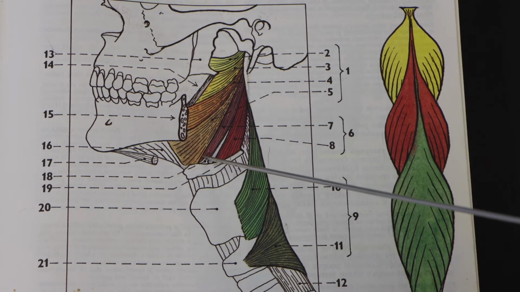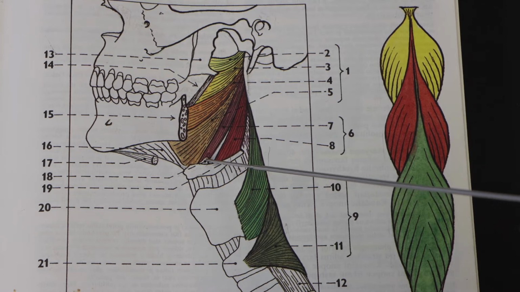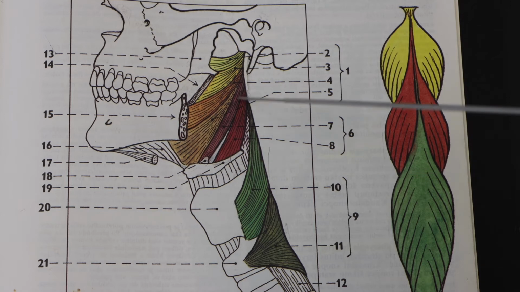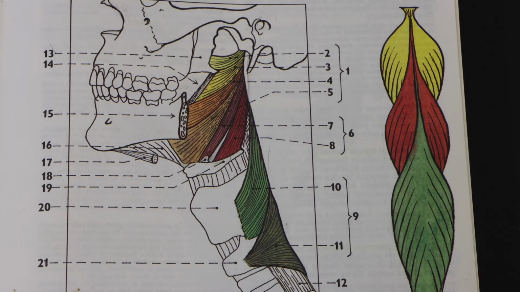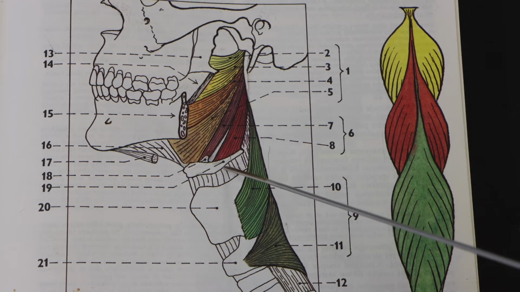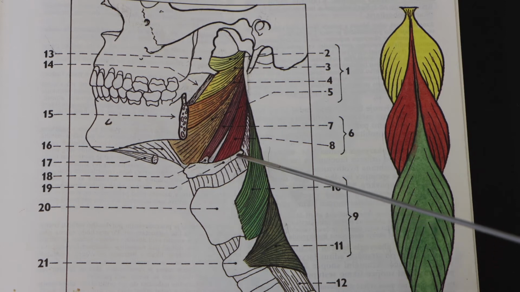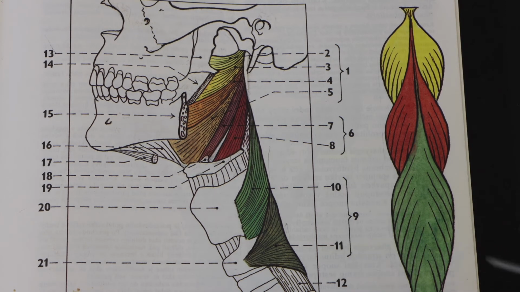And this part, arising from the lesser horn of the hyoid bone and inserted to the pharyngeal raphe, is called the chondropharyngeal part. So we have the cerato- and chondropharyngeal parts of the middle constrictor, according to its origin from the greater horn and lesser horn respectively.